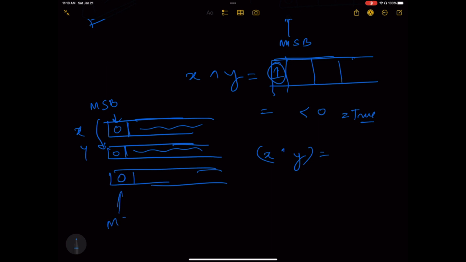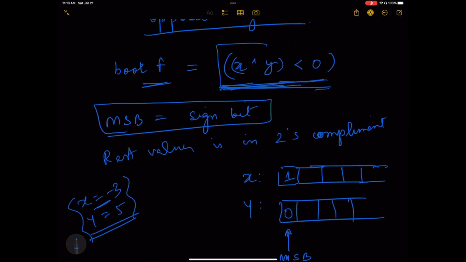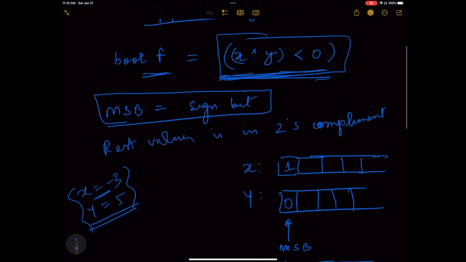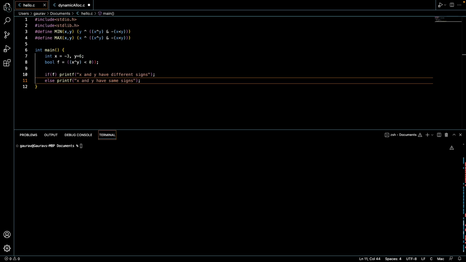So the most significant bit is 0, and whatever the value is, it really doesn't matter because this number is going to be positive or greater than 0. And hence the condition x XOR y less than 0 becomes false when both x and y have the same signs. Okay, let's try to see this in the code.